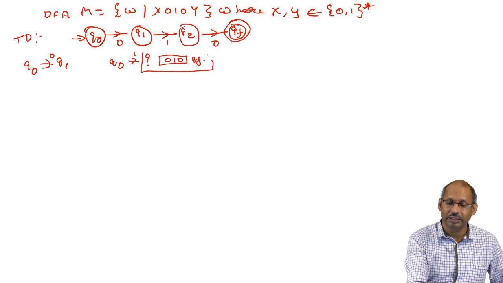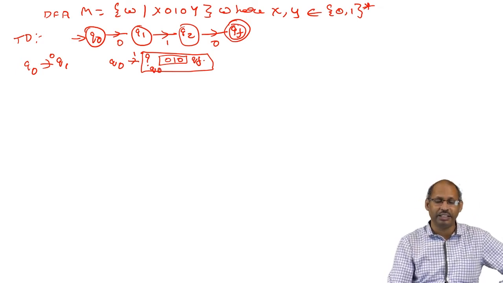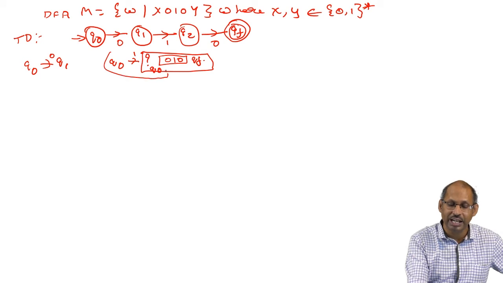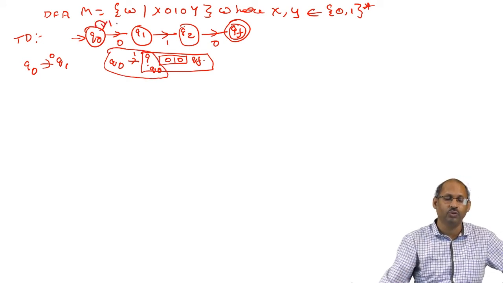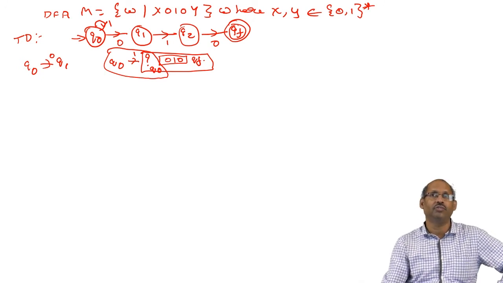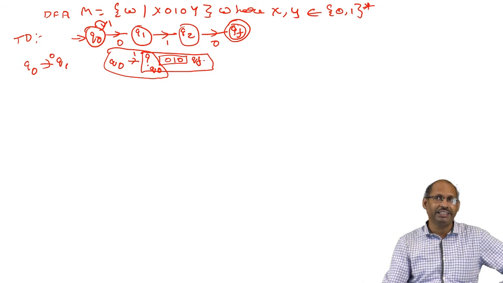This condition means that Q0 only on 010 reaches the final state, which says that Q0 on 1 goes to Q0 only. 1 is not a prefix of our condition string.